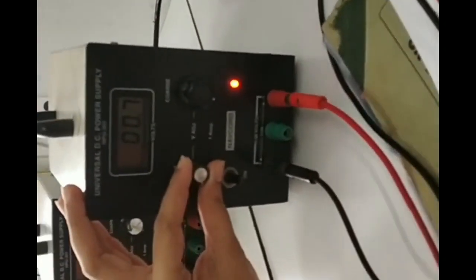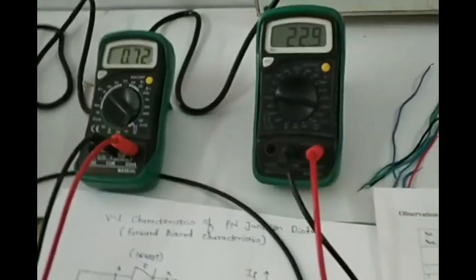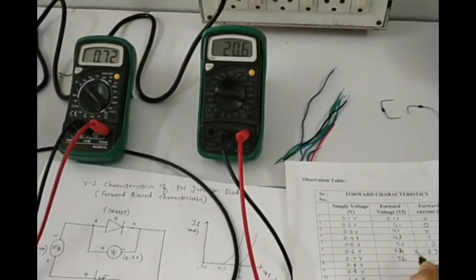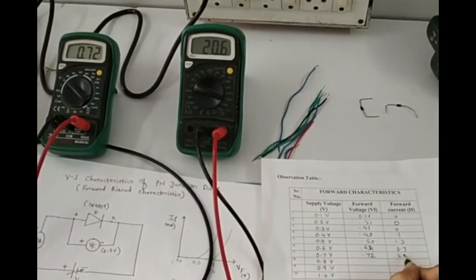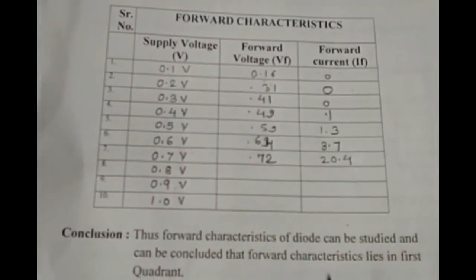For 0.7 voltage is 0.72 and current is, again see the change in current, 20.4.